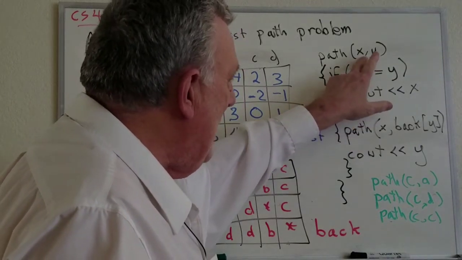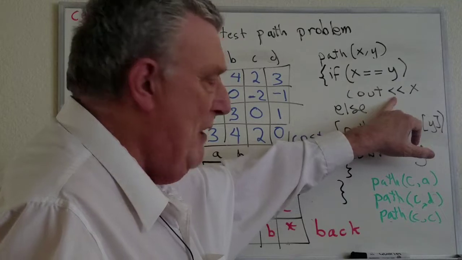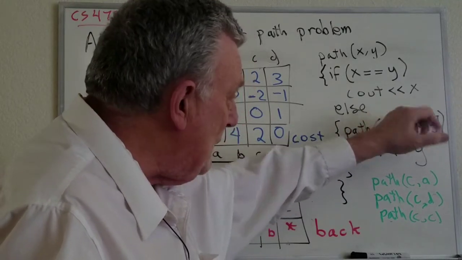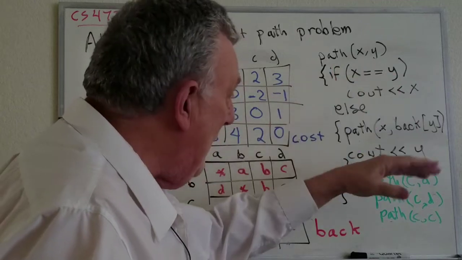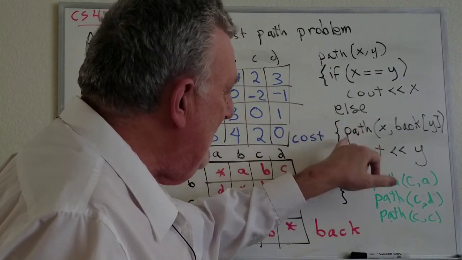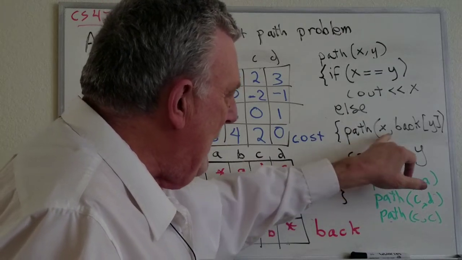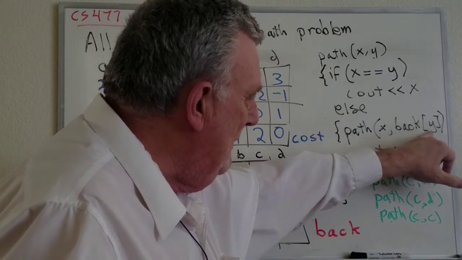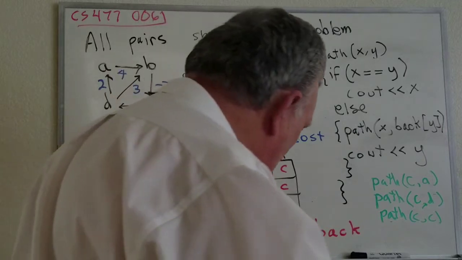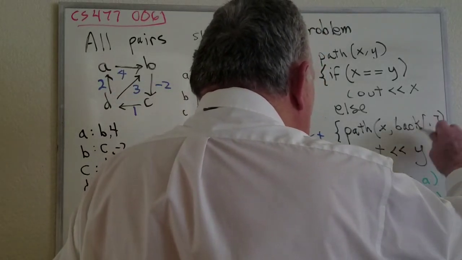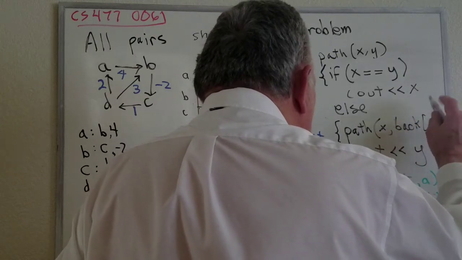If we're printing the path from X to Y, and X equals Y, then that path consists of only one vertex itself. But if it's not that, then we have to recursively print the path from X to back XY, because the back function has two parameters.